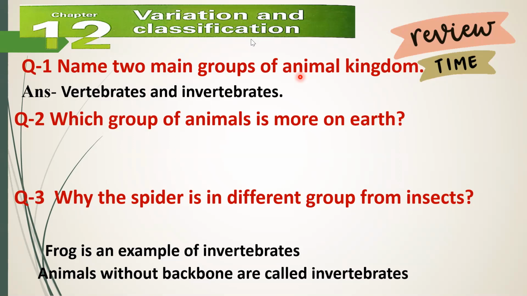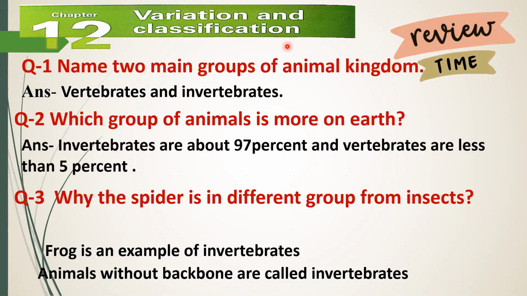Sir, vertebrates. No, in your book there is literature that mentions that the vertebrates are in larger number, but that is not correct. The invertebrates are in large number. About 97% of the animals belong to the invertebrates because all the insects belong to the invertebrates. So you have to make a correction there, that literature is not correct.